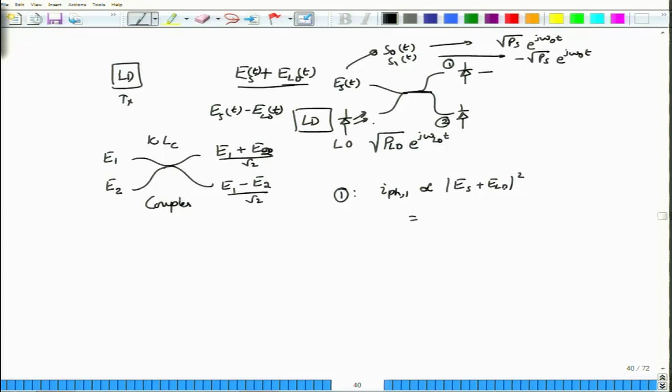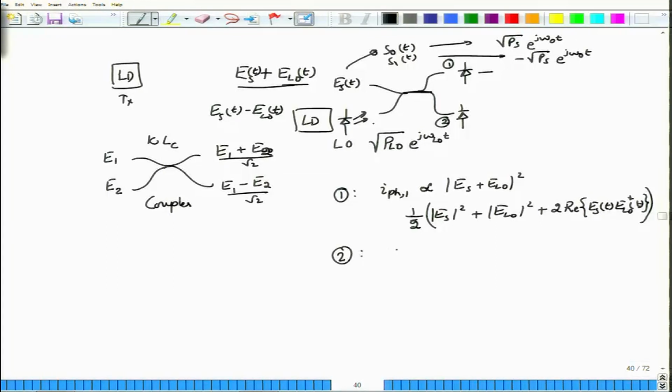But if you expand this Es plus ELO, what you get is Es magnitude square plus ELO magnitude square, plus you will get 2 times real part of Es of t ELO conjugate of t. If you want, you can also put in this half. Later on it might be useful for you.